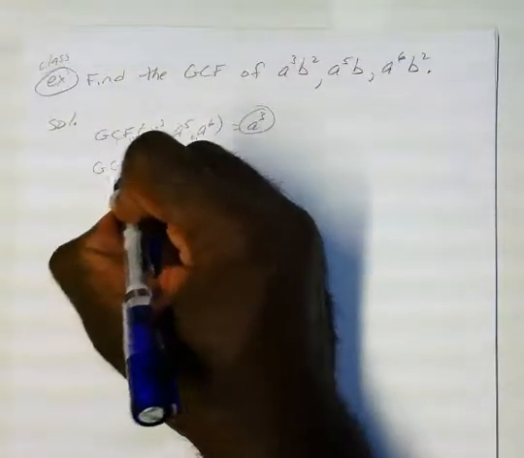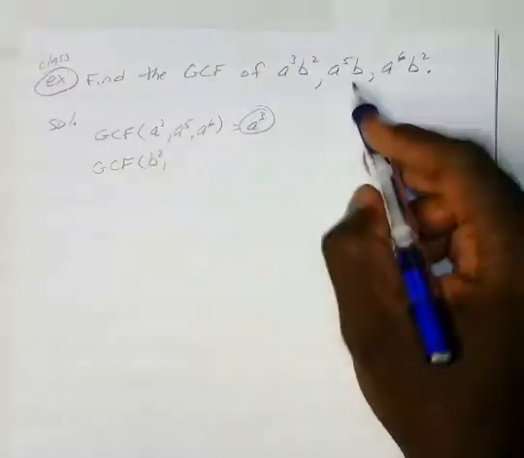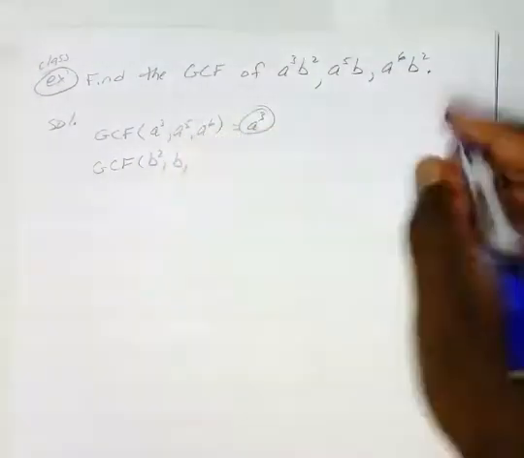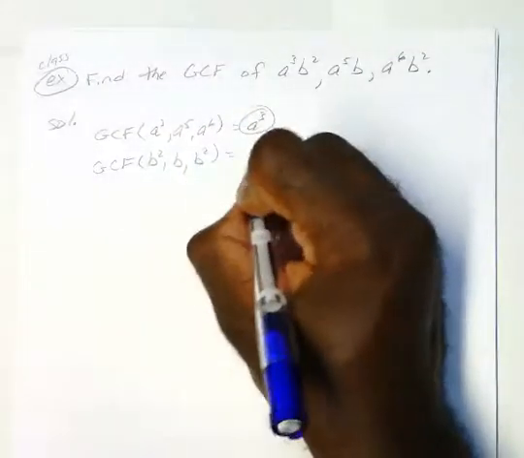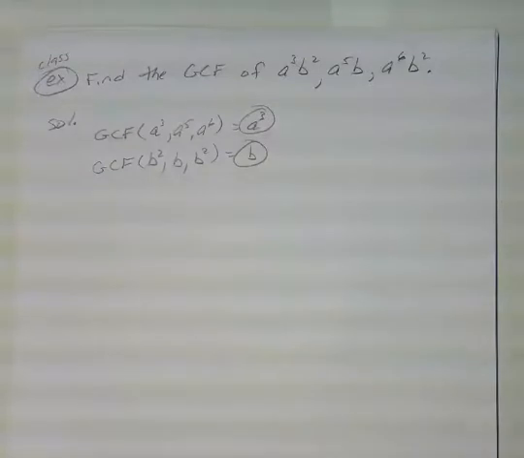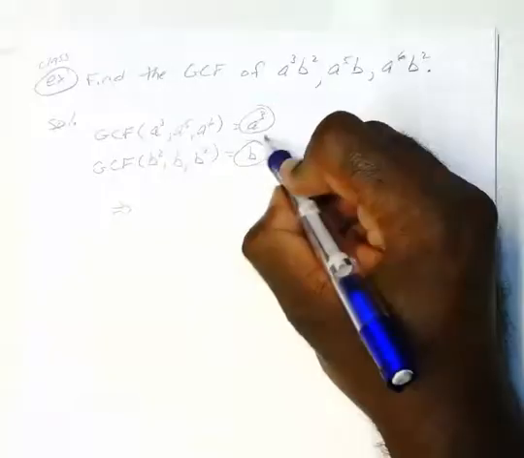Now, the greatest common factor of b squared, b, and b squared is b, the smallest exponent, since b is just the same as b to the first power. Now, since we don't have to find the numerical greatest common factor, we just multiply these two together.